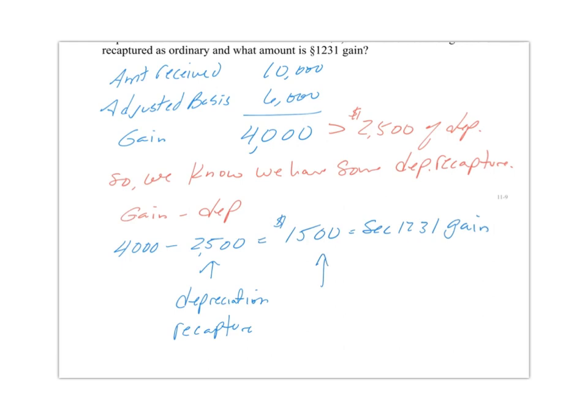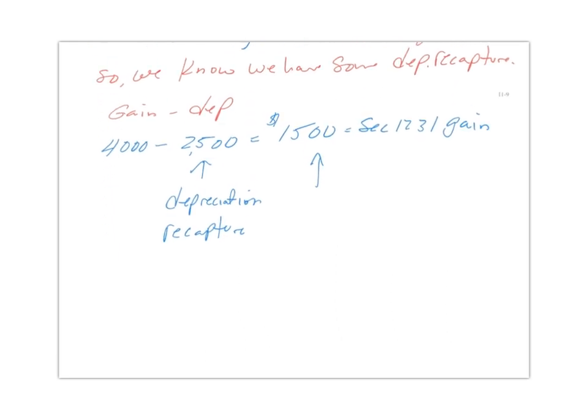This is taxed at ordinary rates, and this is taxed at long-term capital rates. Okay?